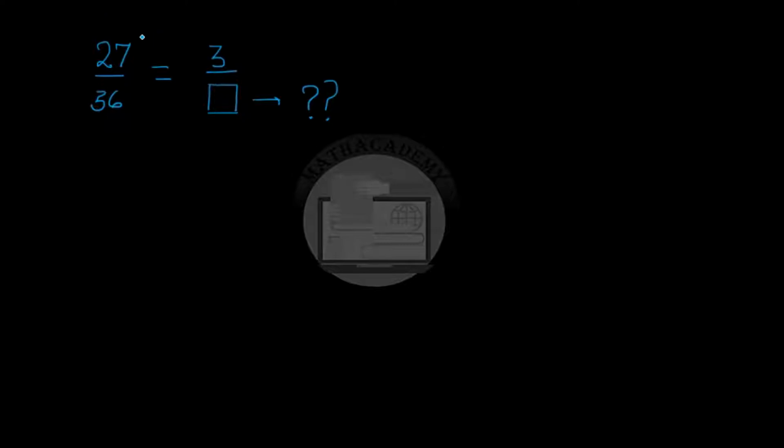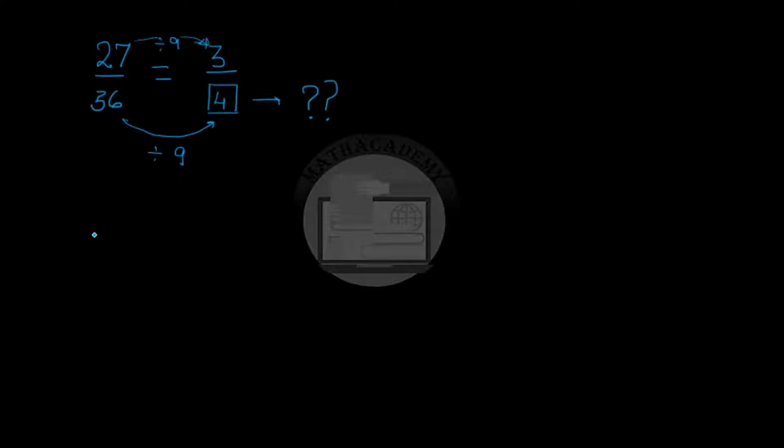So what we can do, we know that here 27 is divided by 9. We form equivalent fractions by multiplying or dividing by the same number. So we divide it by 9 to get a 4. So we say that 27 by 36 is equivalent to 3 over 4.